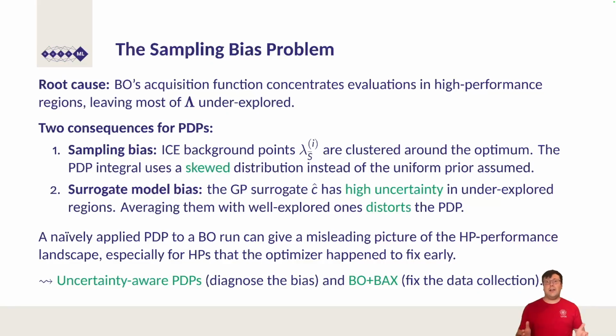The GP has high posterior variance in underexplored regions, and averaging those high-variance predictions with well-determined ones distorts the curve. The upshot is that a naive PDP over a BO run can be materially misleading, especially for hyperparameters the optimizer fixed early. Two remedies follow: uncertainty-aware PDPs, which diagnose the problem post hoc, and BO plus a technique called BAX, so Bayesian algorithm execution, which reshapes the data collection.